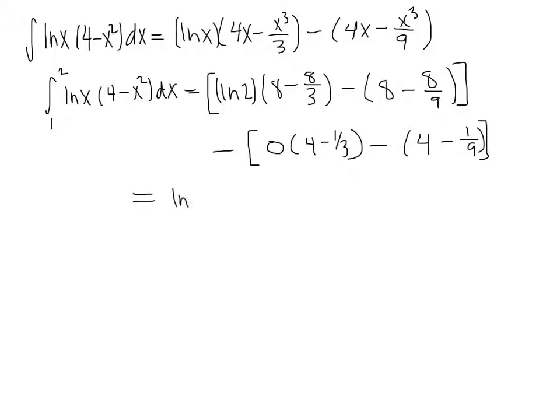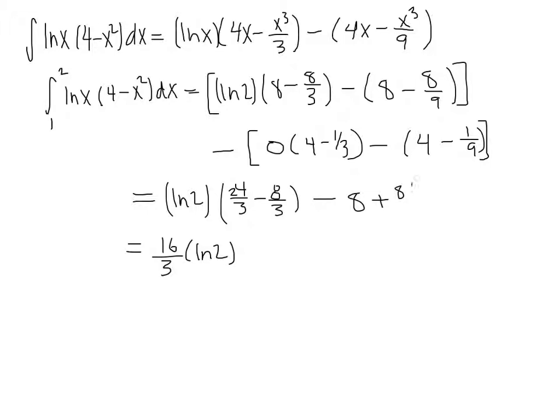So that's ln of 2 times, now that's 24 thirds minus 8 thirds, so 16 thirds times ln of 2, and then we have minus 8 plus 8 ninths plus 4 minus 1/9.